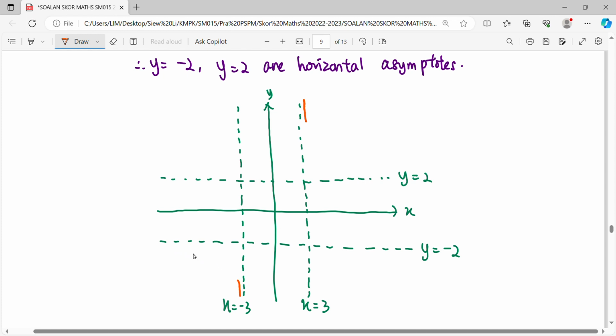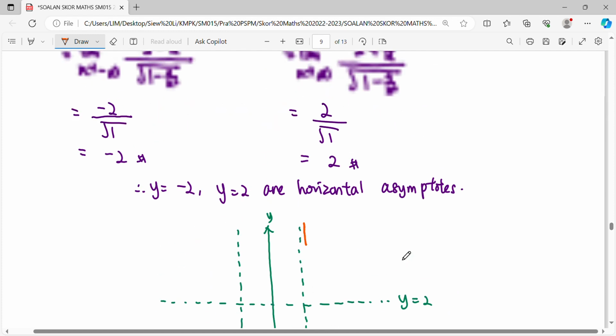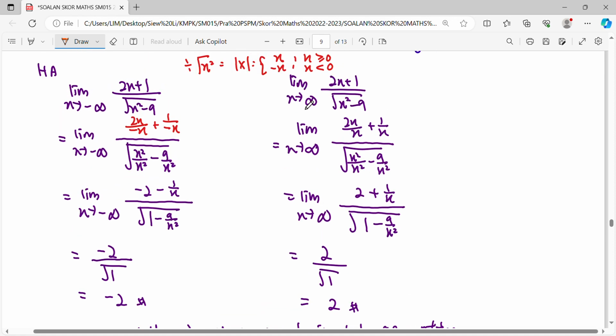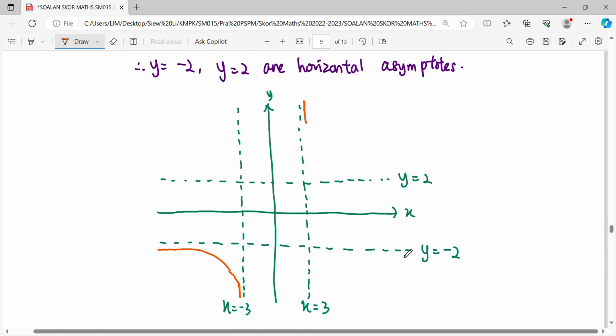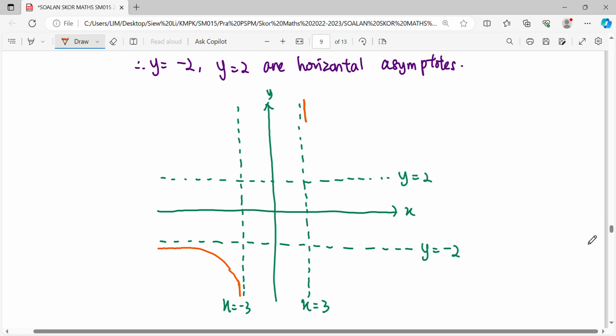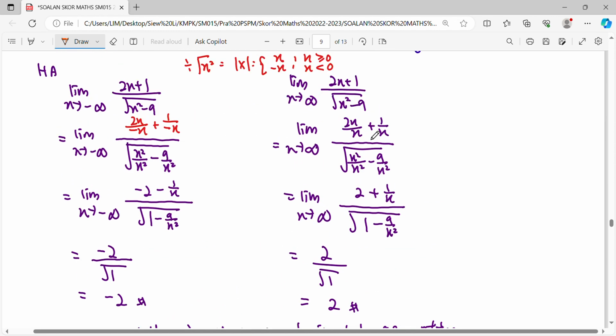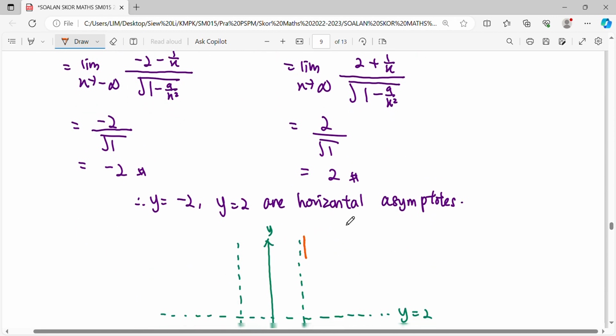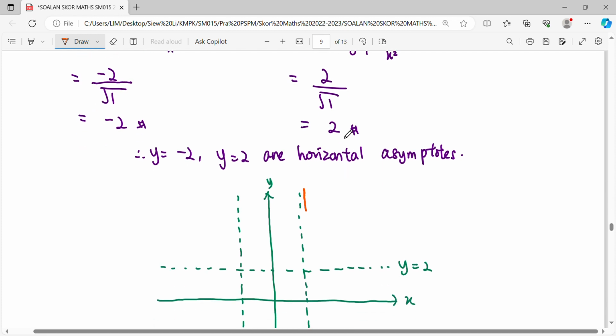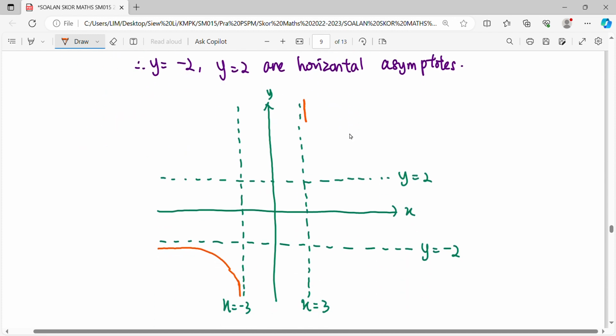We're having a curve here: go as far left as you can, and it will get near to -2. Another result: when x approaches positive infinity, x goes as far right as you can. On this side, your graph y is getting near the value 2. So go as far right as you can, and the graph is getting to the value of 2.